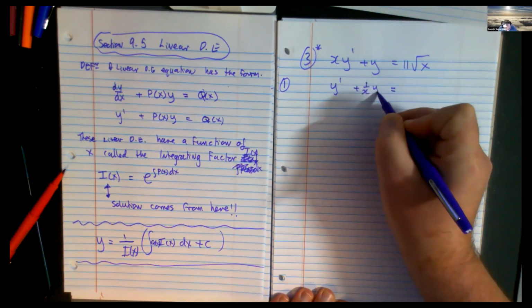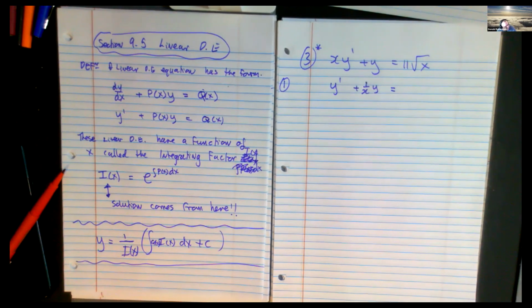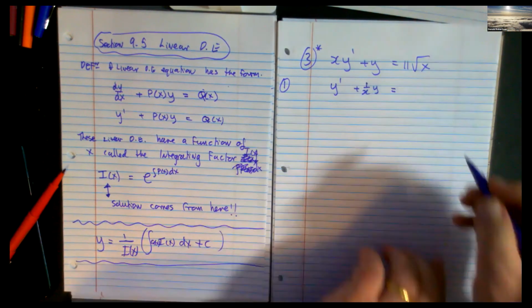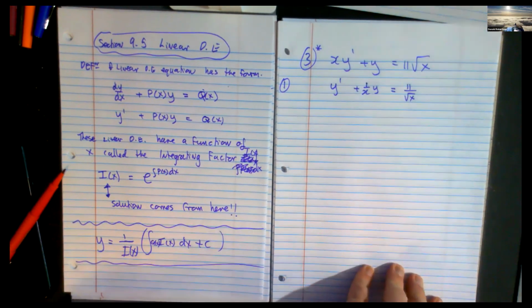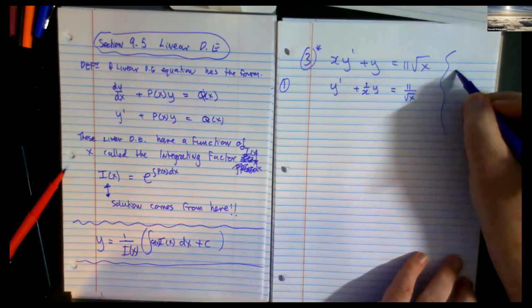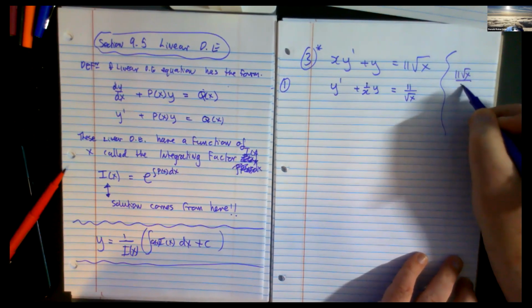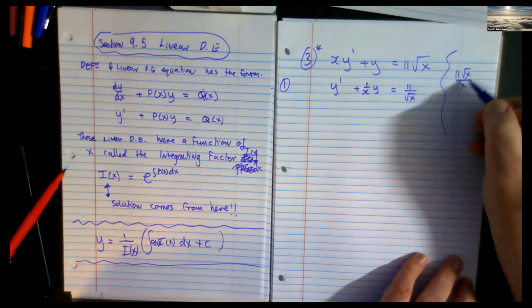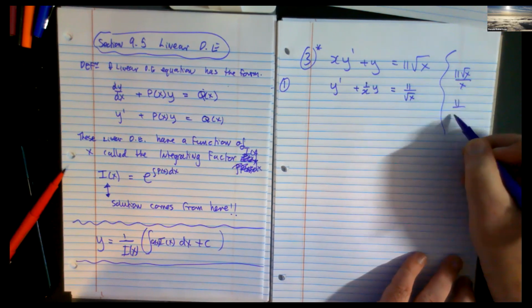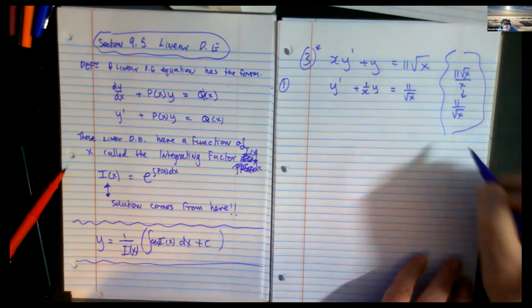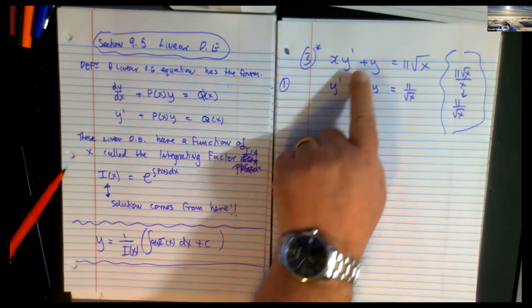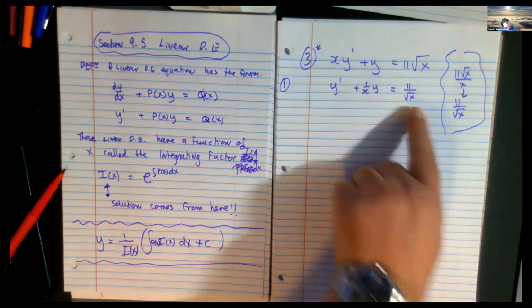I know it's divide by x, but can I just call it 1 over x? It helps. Now, if you divide this guy by x, you're going to get that. And if you're not sure where that's coming from, if you take this and divide it by x, can't you kind of half power it and get that? Are you comfortable? Divide by x, divide by x, divide by x.